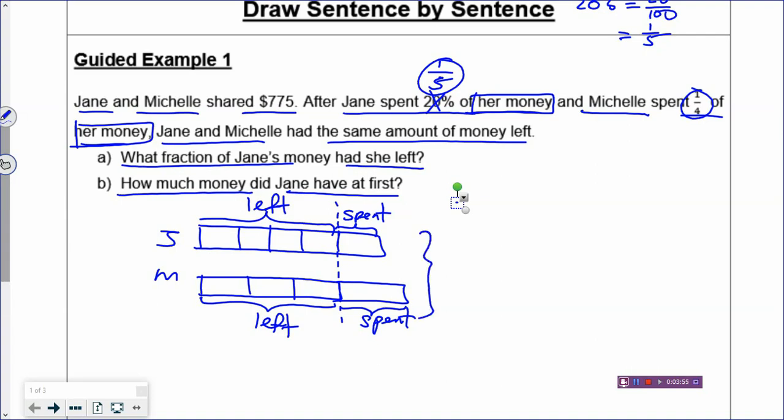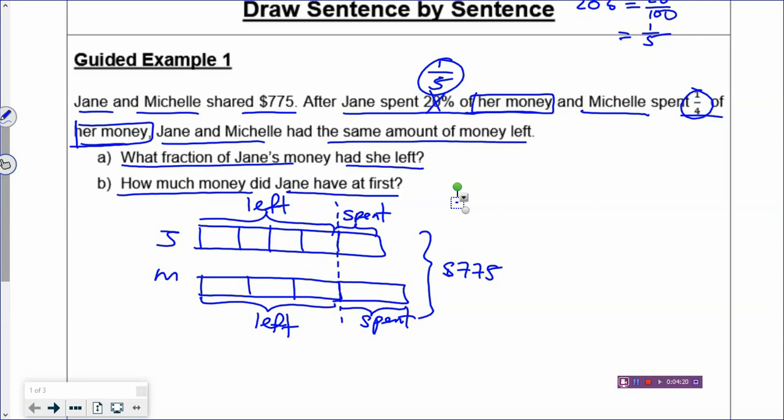So both of them share $775. So what fraction of Jane's money has she left? We can't put the question mark because it's a fraction answer. How much money did Jane have at first? Yes, we can. How would you want to put the question mark? Model drawing is very creative. You can draw an arrow sign to indicate the whole rectangle for Jane.